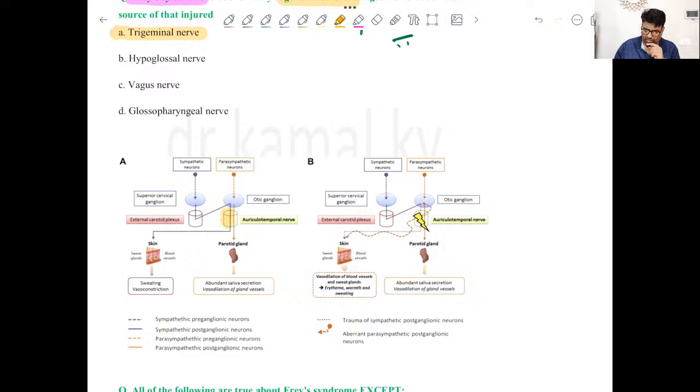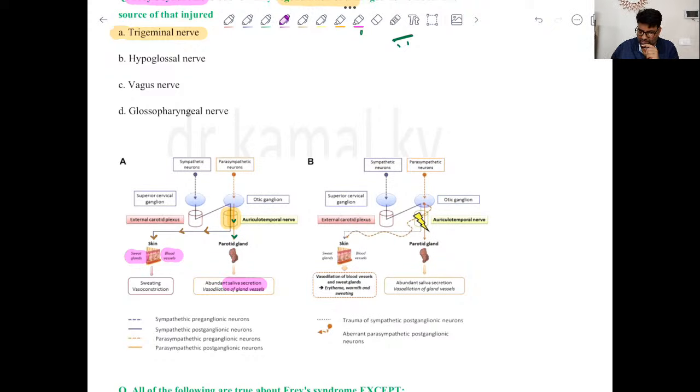is the auriculotemporal nerve, right? And this is the sympathetic command which is going to the skin, supplying the sweat glands and also the blood vessels where it causes vasoconstriction. But we are more interested in discussing the sweat glands. And then there is the parasympathetic part which is going to the parotid gland, and it results in saliva secretion.